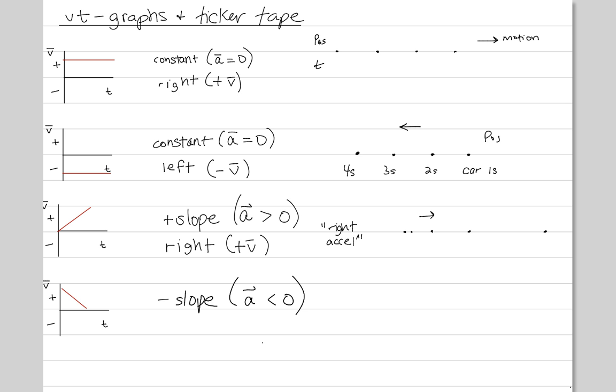Negative acceleration has a word. It's deceleration. Okay, so it means the same thing. As time moves on to the right, velocity is decreasing. So you must be slowing down, which means you're undergoing negative acceleration, which is deceleration.